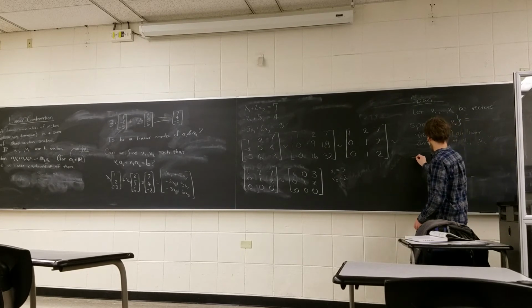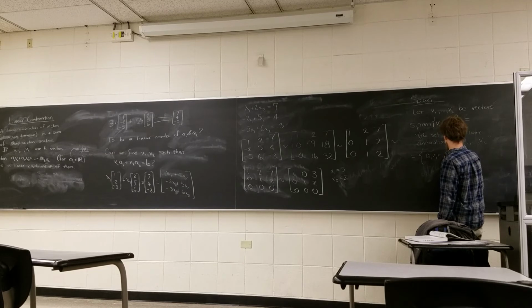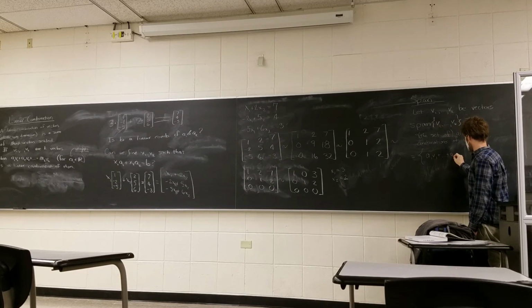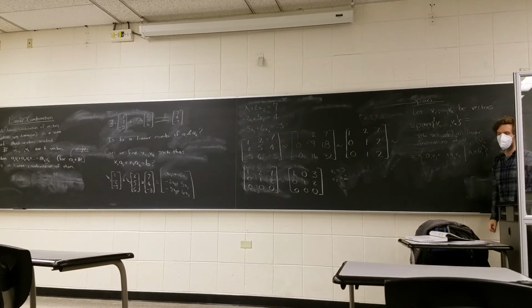In symbols, this is A1 V1 plus dot dot dot plus AK VK, where all the AIs belong to our field, our number system where we can do addition, subtraction, multiplication, and division by everything except 0. So this notation says all of these things such that the AIs are in R. All of the linear combinations of the AIs. That's the span.